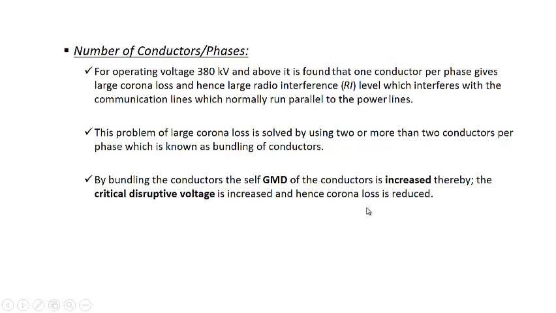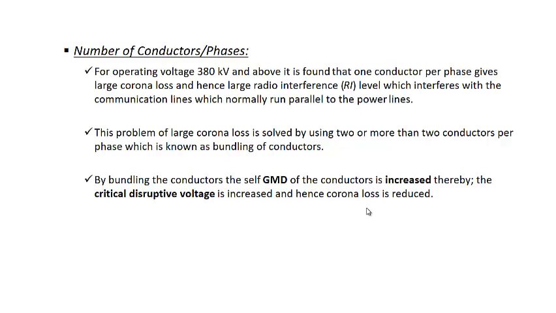In one of the chapters where we discussed bundled conductors, I told you that bundled conductors are specially used to decrease the coronal loss, and they have some other advantages over and above this advantage of reducing the coronal loss: they decrease the inductance and increase the capacitance.